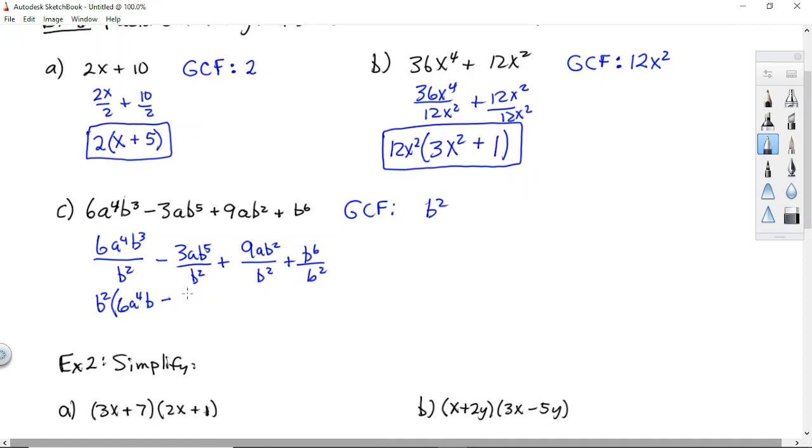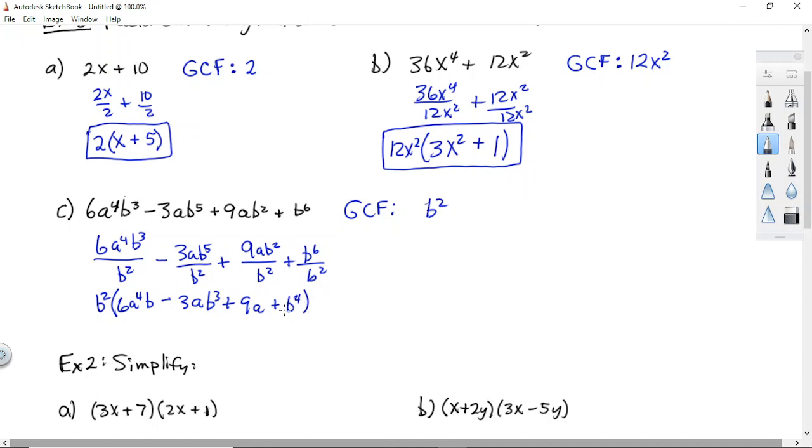So let's see, the next one is 3a, and then b to the fifth divided by b squared is b cubed. The next one, we have the 9 is there, 9a, that's all right. The b squareds cancel, so you just have 9a. And the last one, b to the sixth divided by b squared, that leaves b to the fourth.